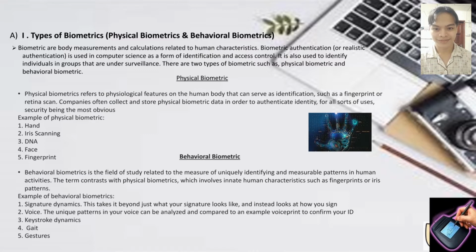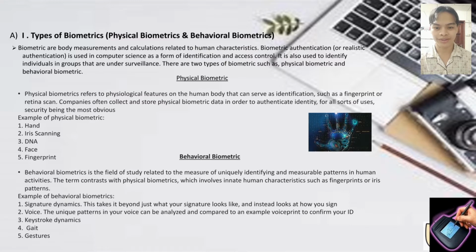Physical biometric. Physical biometric refers to physiological features on the human body that can serve as identification, such as a fingerprint or retina scan.